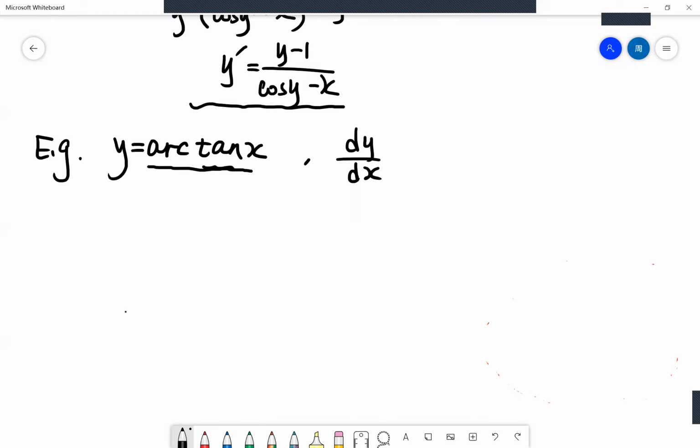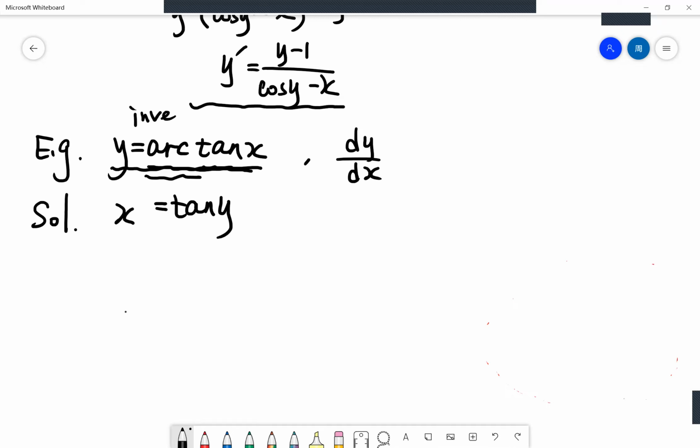So y equals arc tangent x means x equals tangent y. Here arc means the inverse function.